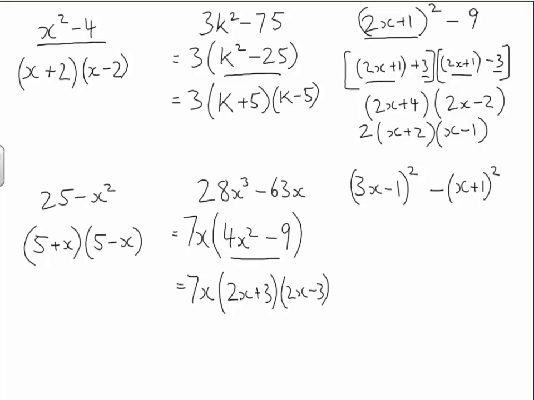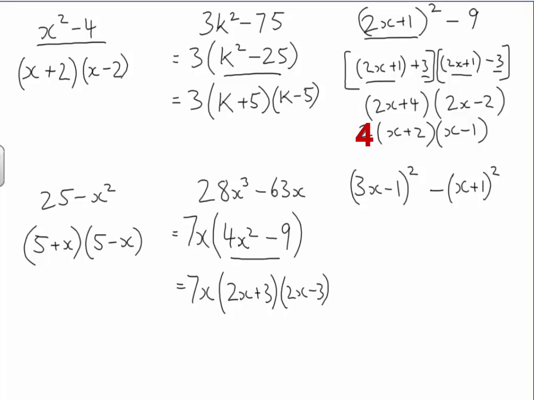Of course, I've made a mistake there. If I take 2 out of 2x plus 4, I would be taking another 2 out of 2x take 2, and multiplied together they would make 4, so it should be a 4 out the front there.